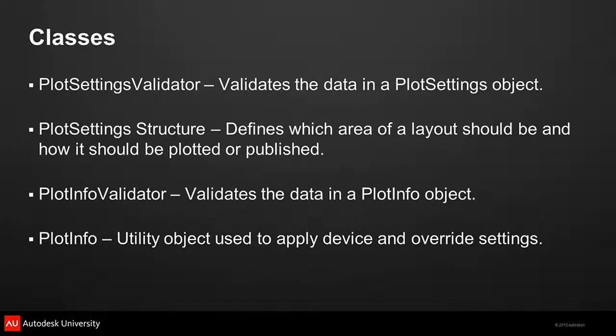Plot settings, plot settings validator and structure, those are for working with page setups and the layout information themselves. So whether you're going to plot or publish to a window, paper size and so on, those allow you to set those settings for a layout object or create a named page setup to use as part of the plotting or publishing. Plot info validator allows you to work with PC3 files and make sure those are configured correctly.